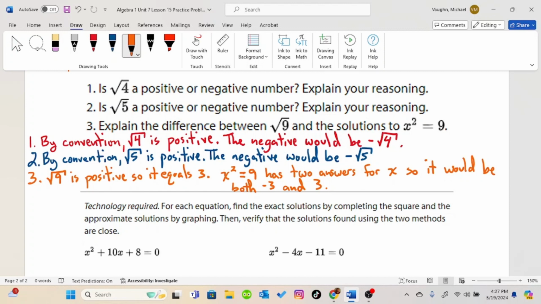But when it comes to actually seeing the equation, x squared equals 9, well, now both of the numbers, the positive and the negative version, could be substituted for x, and it would make the equation true. So it's the difference between whether we're putting a number under the square root symbol or whether we have an equation that we're solving. If you have more questions on this, please ask for clarification so that you are better prepared as we move on to the next practice problem.